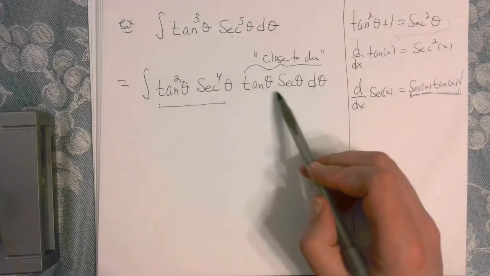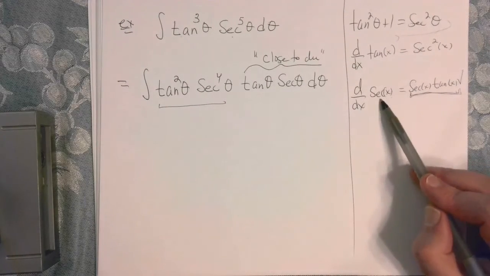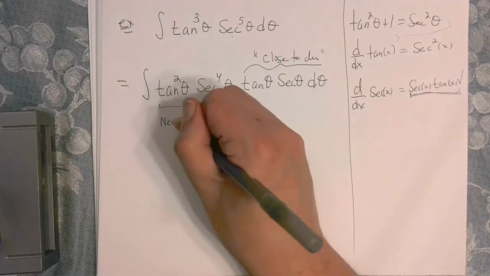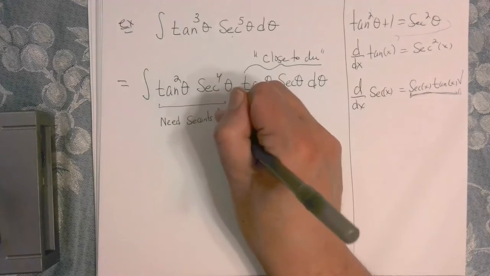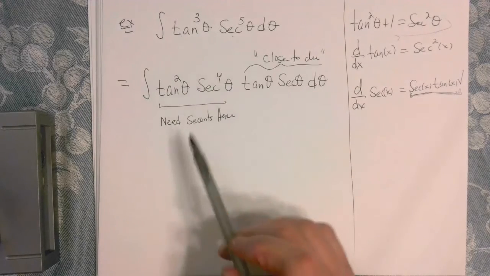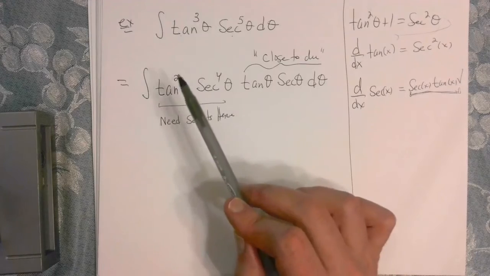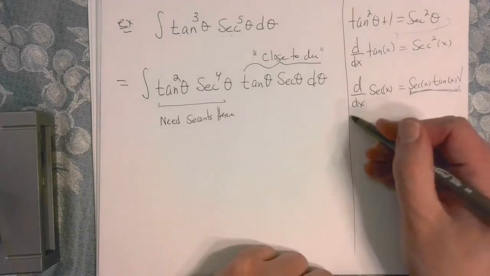Okay, well, if my derivative involves this product, then my original function should involve nothing but secants. So we need all secant stuff here. That's already in terms of secant, so I'm happy. I need to write this in terms of secants.